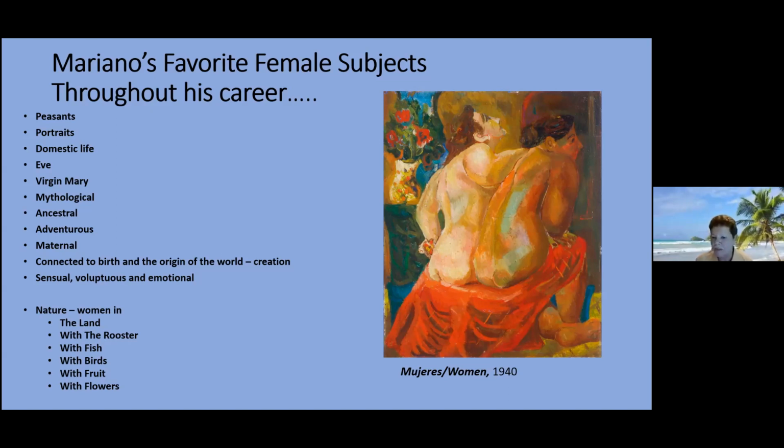And the image on the screen of the two women, Mujeres from 1940, I think really demonstrates that and how he feels about these sensually beautiful women. We're going to see women in nature. They're on the land, they're with the rooster, they're with fish, with birds, with fruit, and with flowers.